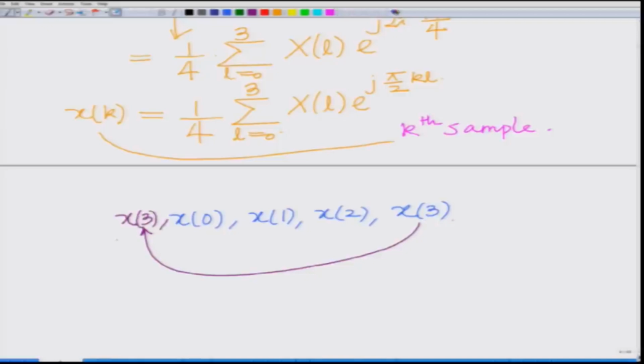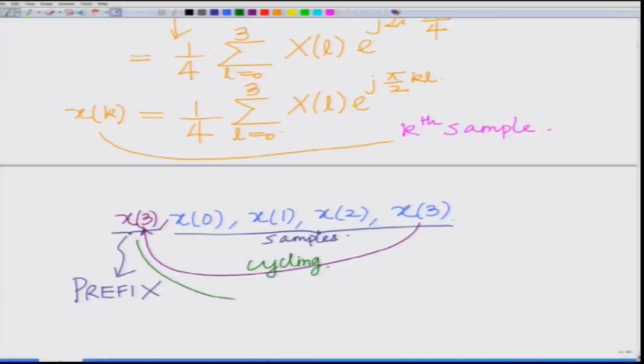So, we are doing a prefix. We are prefixing the samples. This is a very important thing. We are doing a prefix and we are cycling the samples from the end towards the beginning.